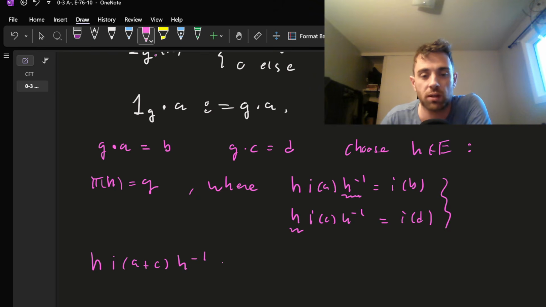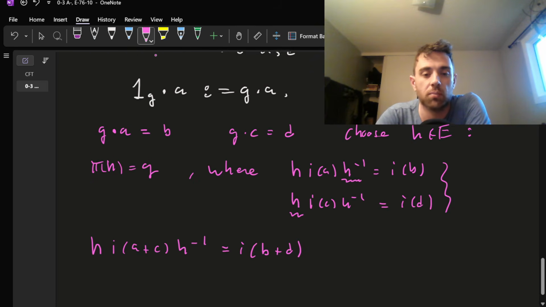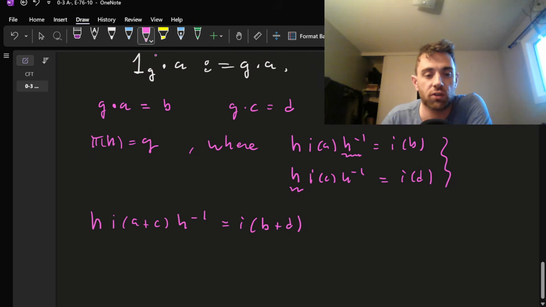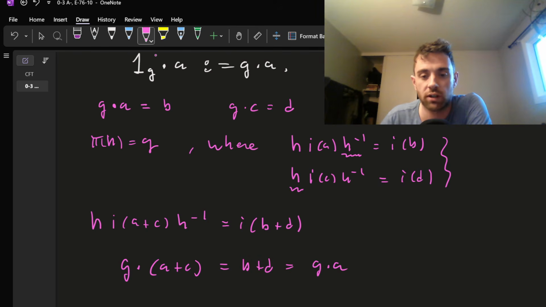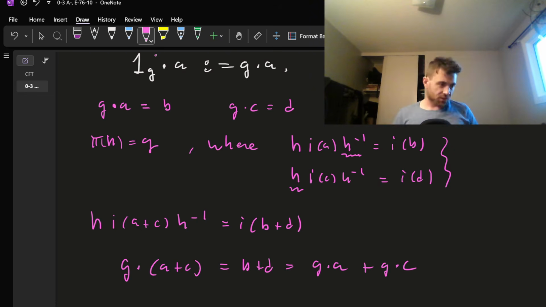And then multiplying the other two sides together, this becomes I(B plus D). And so therefore, by definition, this says that G dot (A plus C) is equal to B plus D, but B was G dot A and D was G dot C. So that takes care of that proof.